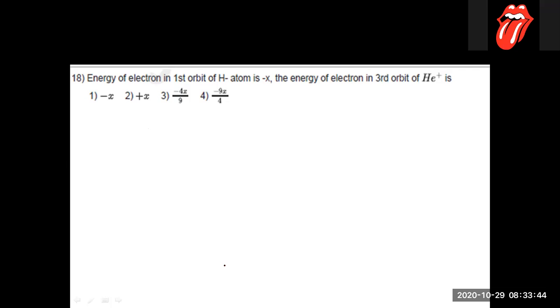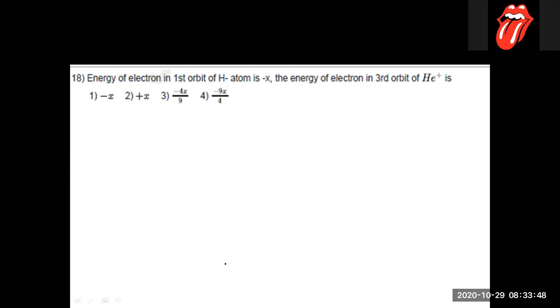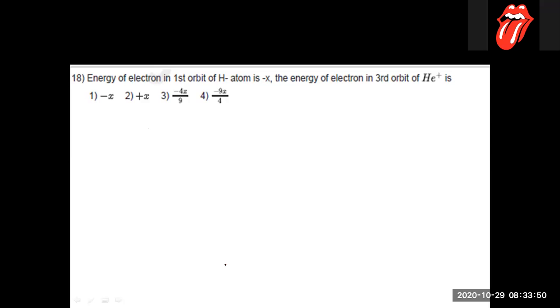Sir, we know the equation: energy is the constant divided by n square into z square. Is it z square by n square? Yeah, exactly, that's the answer. If we relate it with minus x, we can simplify it. So let me give the solution for this.